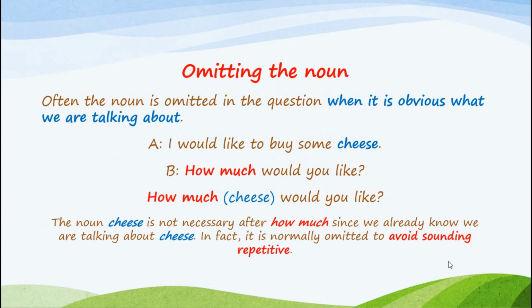Now we're going to talk about omitting the noun. Often the noun is omitted in the question when it is obvious what we are talking about, when we know what we are talking about, or when we are seeing or watching what we are talking about.